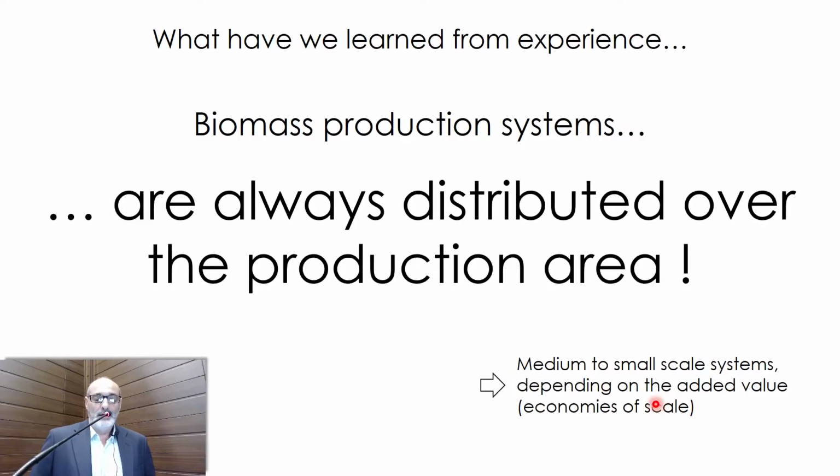It may be bigger or smaller depending on the added value of the product. I know a project I'm working on where we're extracting tannins from acacia bark. It's a very interesting product from the money point of view, so you are able to cultivate a larger area when you compare this to sugarcane, for instance.